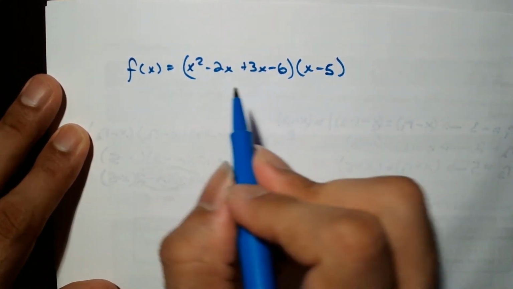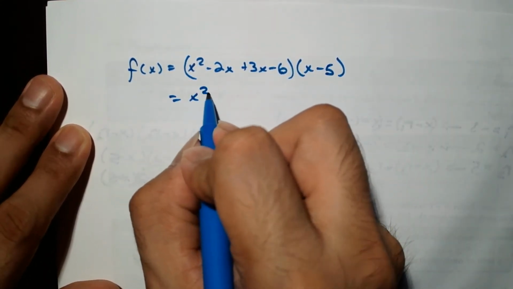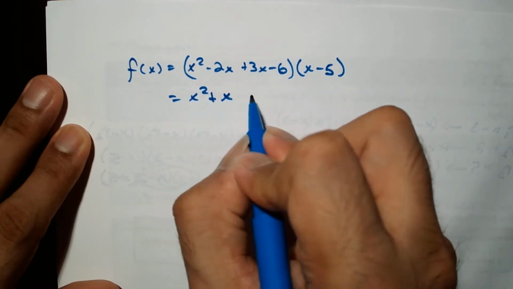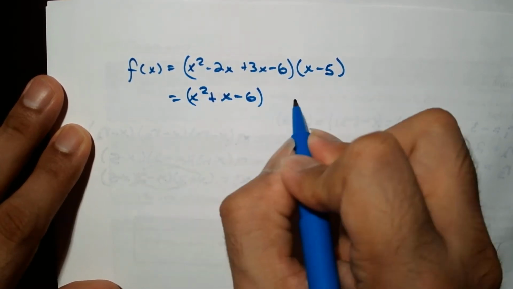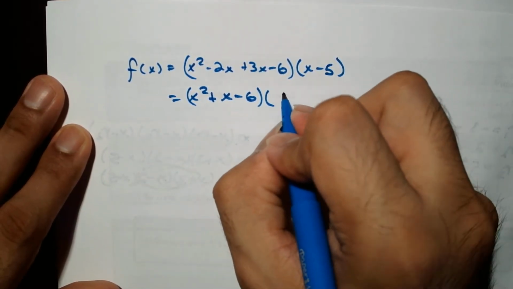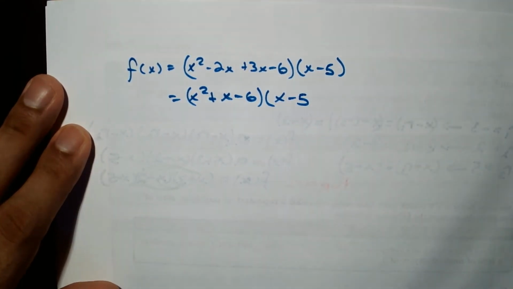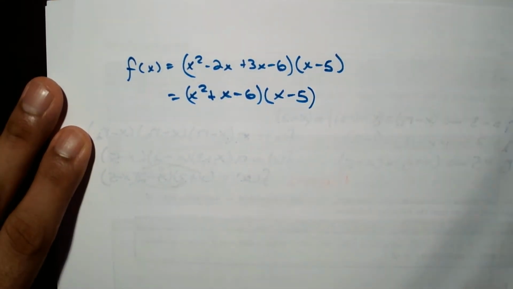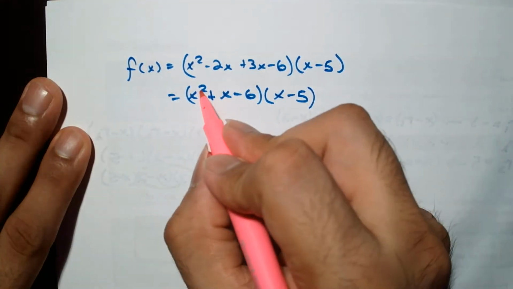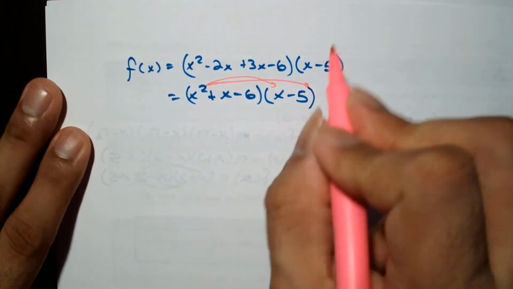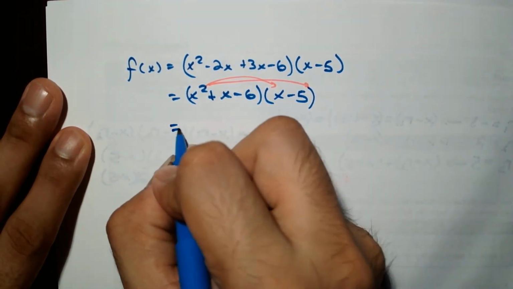So I'm going to simplify this one first. X squared plus 1x plus x minus 6 equals, times x minus 5. All right? And then I'm going to do the same again. I'm going to FOIL x squared times x squared times a negative 5.